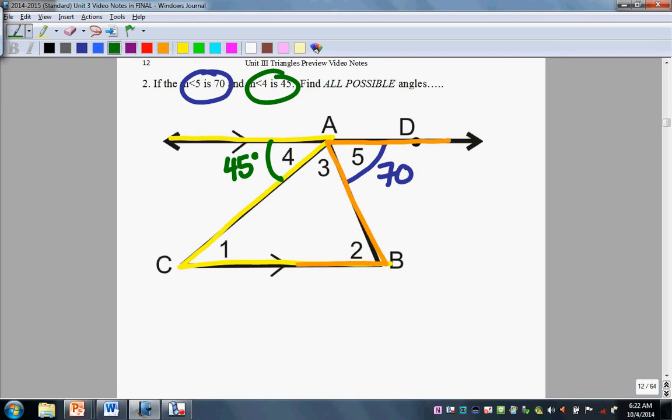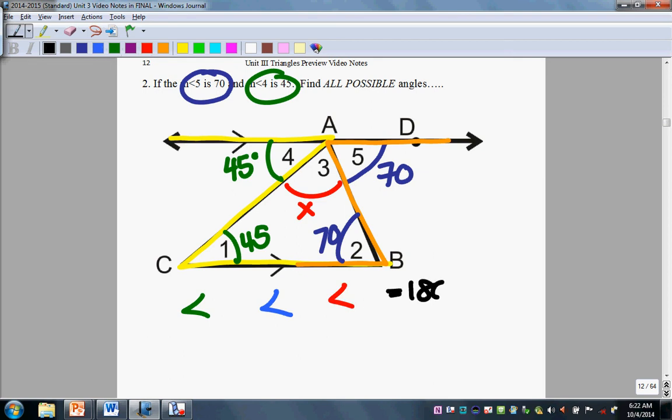So you still have to remember everything you learned about parallel lines. It's going to come into play. So I'm going to take that 45 and pull it down here. Take that 70 and pull it down here. And now I know triangles add up to 180. So again, I have angle plus angle plus angle equals 180.